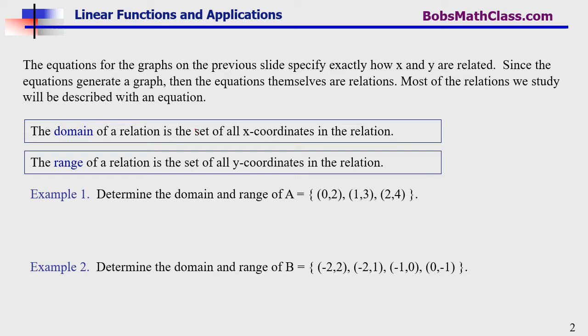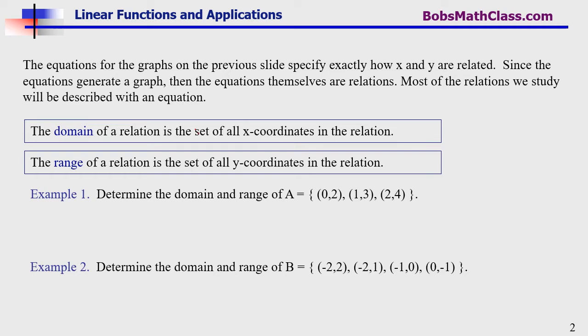Okay, so we'll look at some finite relations here. Example 1. Determine the domain and range of A. So the domain, we'll start with the domain. The domain is the x values. What are the x values?